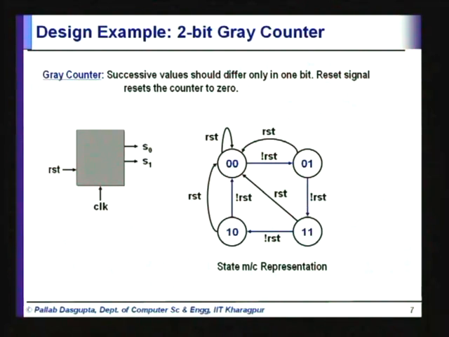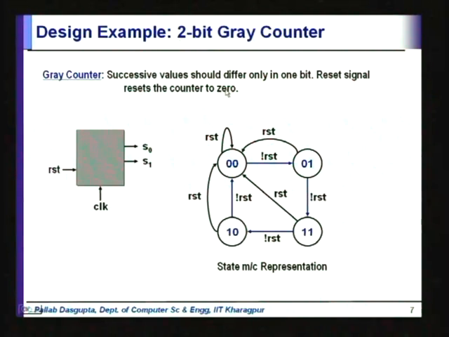Let us go through an example quickly to give you a flavor of what we want to do. Okay. This is a very simple toy example. We want to design a 2-bit gray counter. What is a gray counter? It is a counter which is going to count. So, 2-bit means how many values, how many states can it have? 4 states, right.